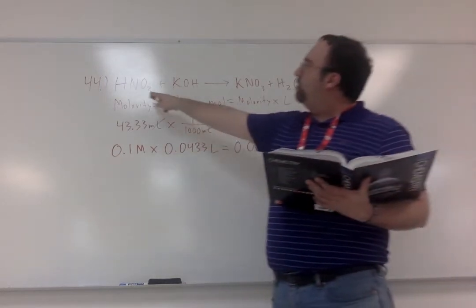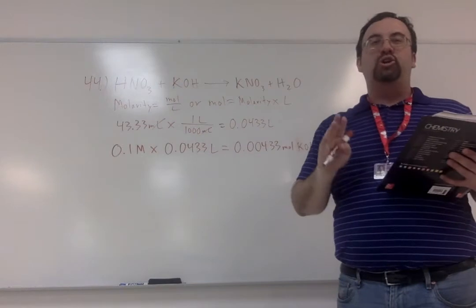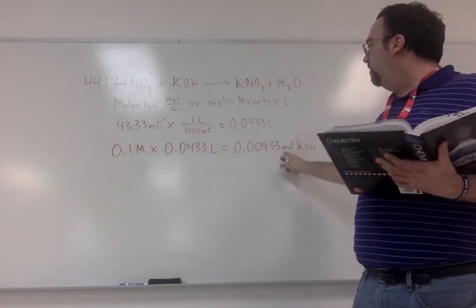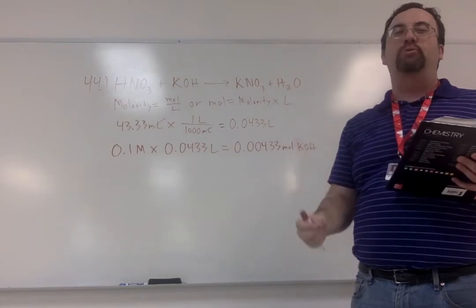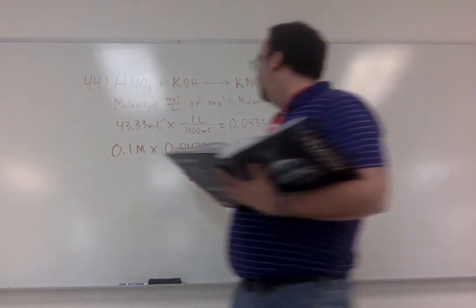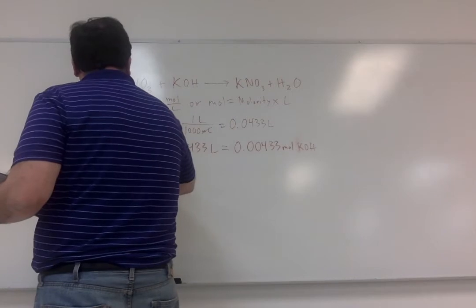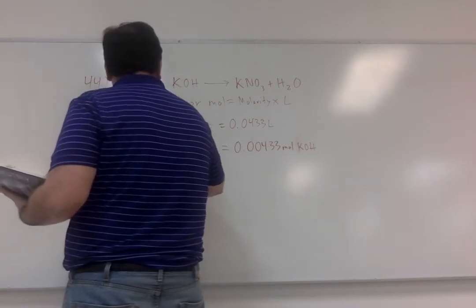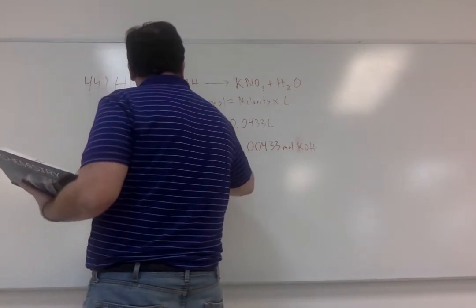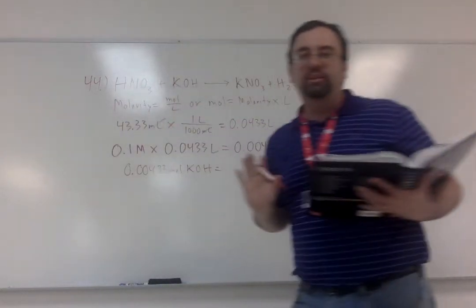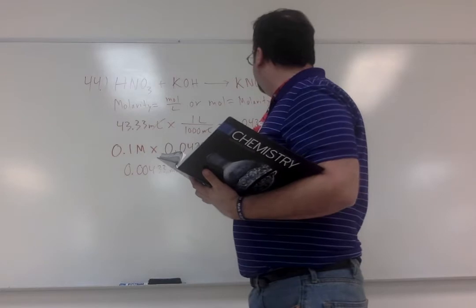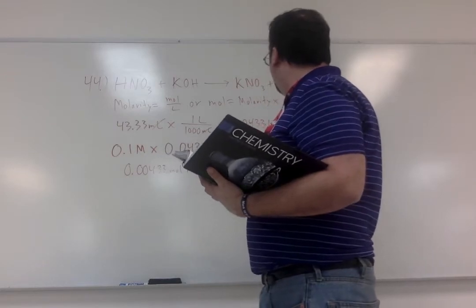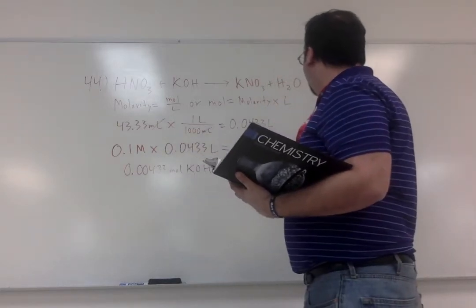Remember, everything in this equation is 1 to 1 to 1, so not only does this tell us the moles of KOH, it also tells us the moles of the nitric acid. If we need 0.00433 mole of KOH to neutralize this reaction, we also are going to have 0.00433 mole of nitric acid.